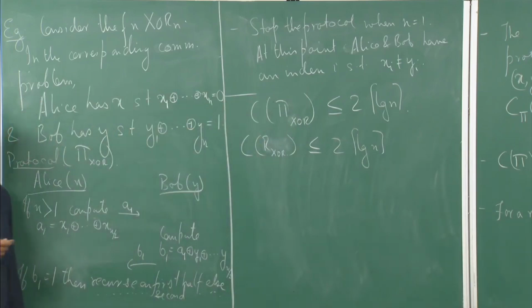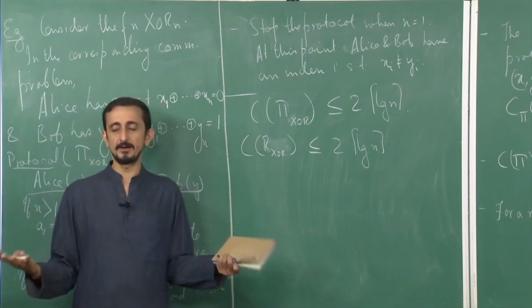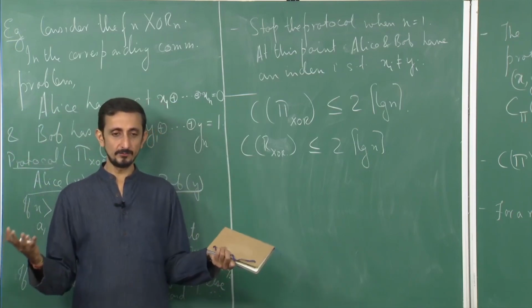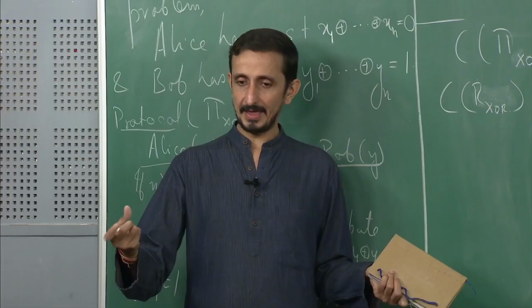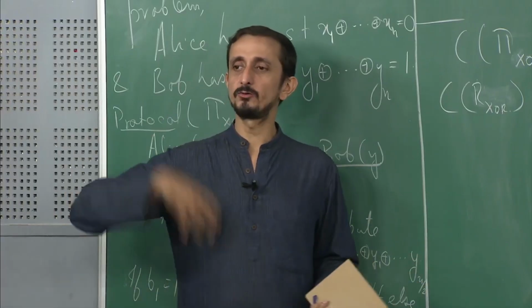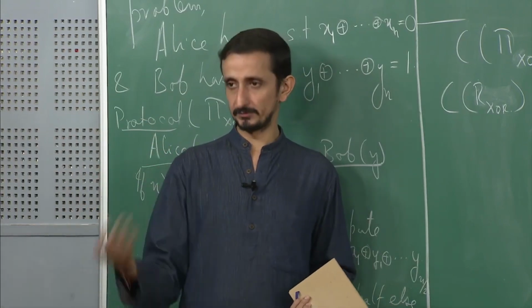In other words, why are we considering this? We have two different frameworks. One is: I have a function, and I have to design a circuit for that function, and I study the size and the depth of the circuit.